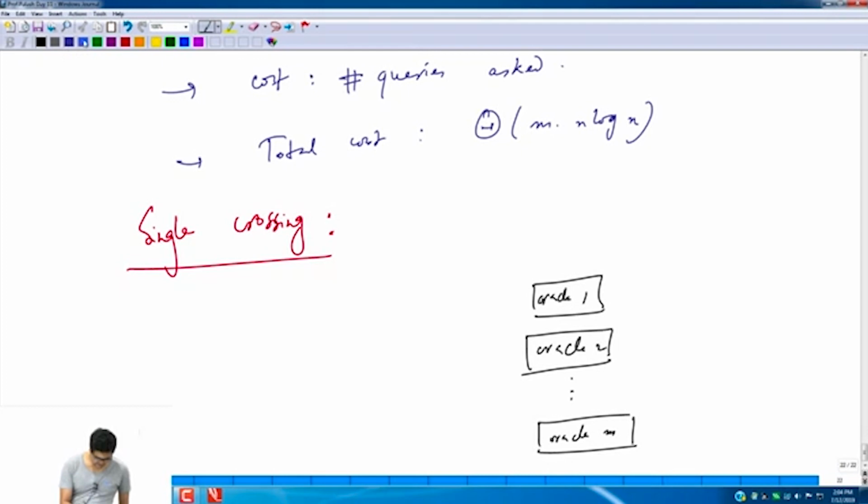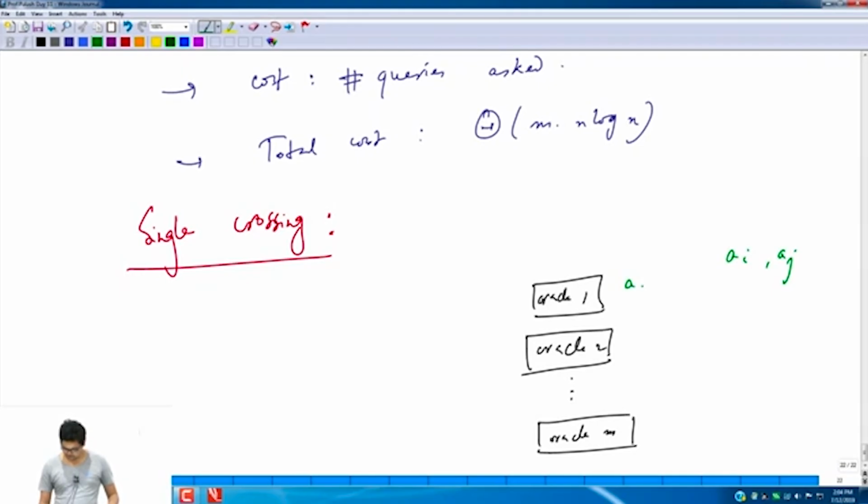If you take any two objects AI and AJ, then either all the oracles say that AI is greater than AJ, or all the oracles tell that AI is less than AJ.